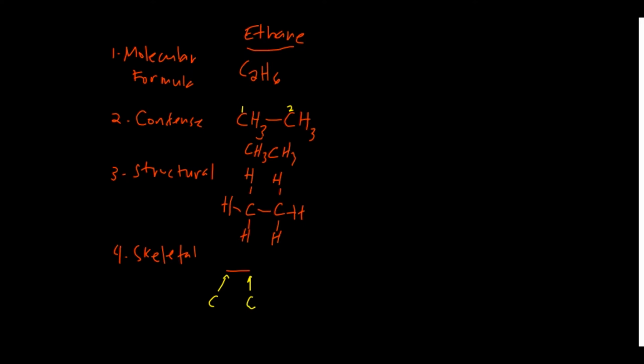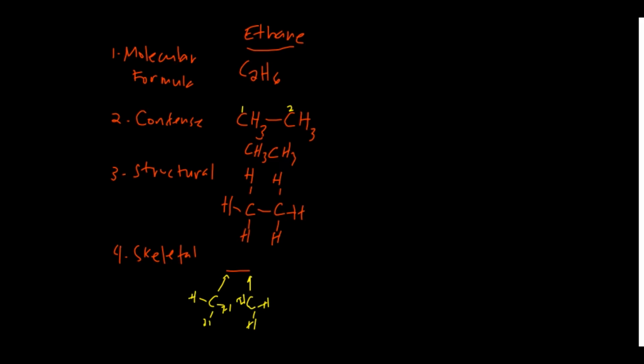So when we see a line, when it comes to writing down organic compounds, it is understood that there are carbon atoms on both sides, and on those ends there are hydrogen bonds.